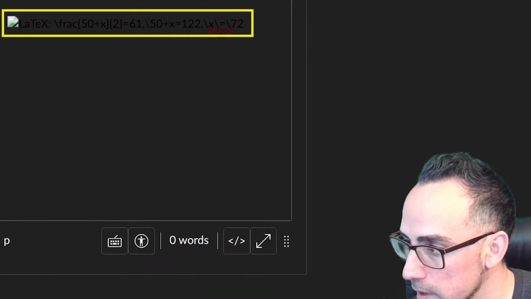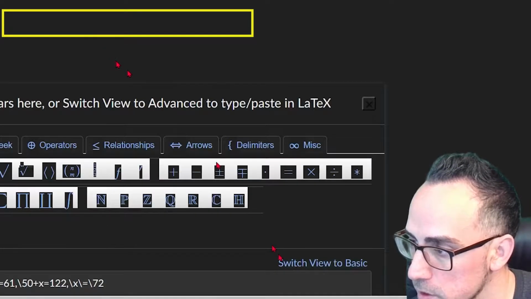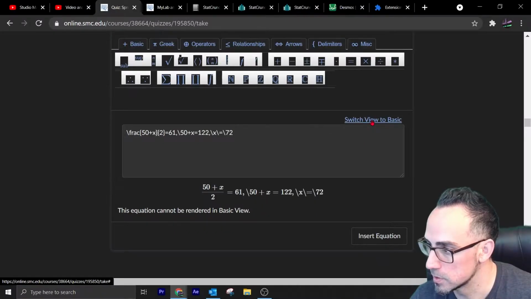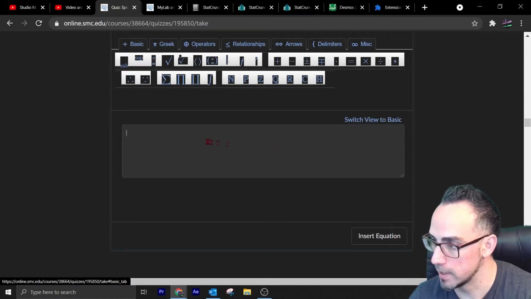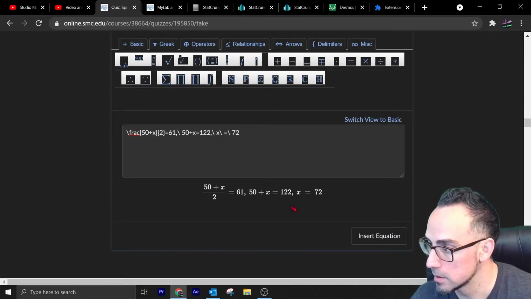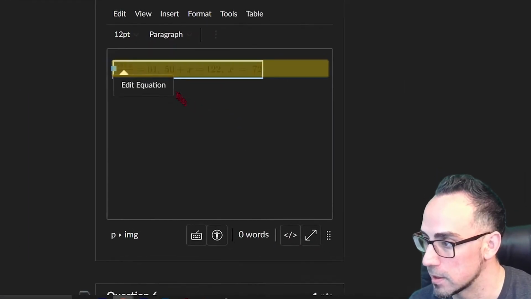Didn't work, it's giving LaTeX. So what you want to do is go in here, edit equation, and switch to basic. What happens? The equation cannot be rendered in basic view. Switch to advanced, press Control V, and there we go. It works now. We had to insert it in the advanced mode. So if we press that, then that's how you insert it.